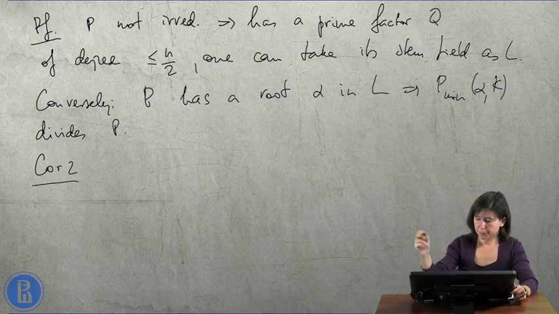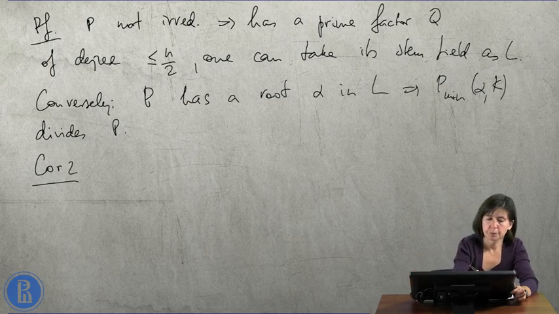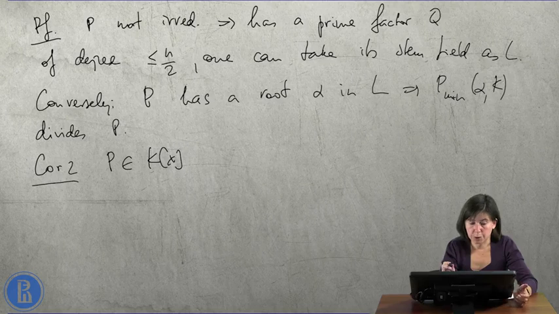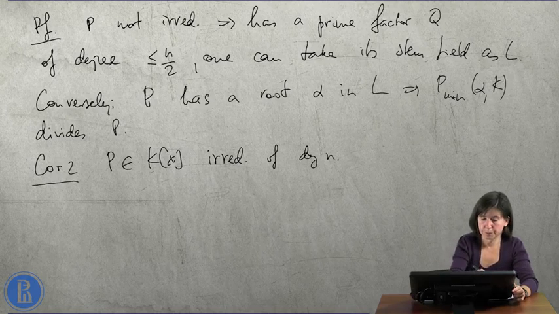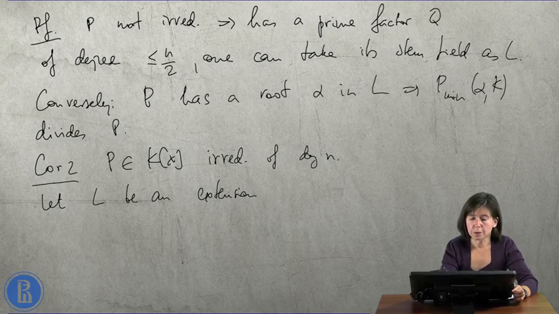One more irreducibility criterion. Let P be a polynomial over K, which is irreducible of degree n. And let L be an extension of degree m.